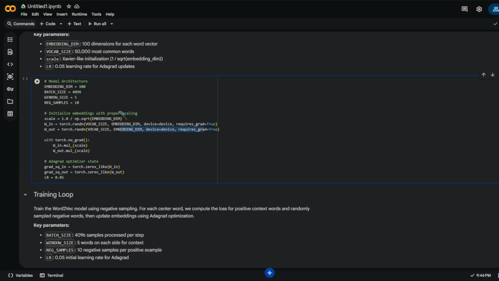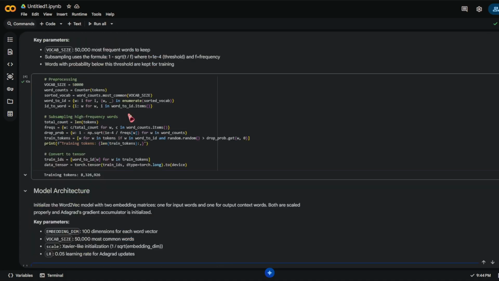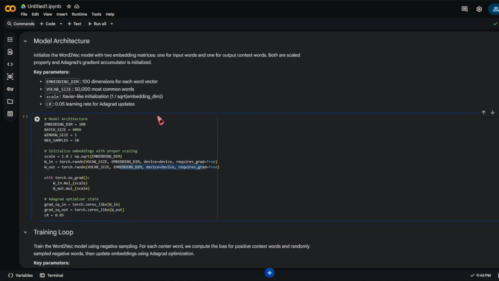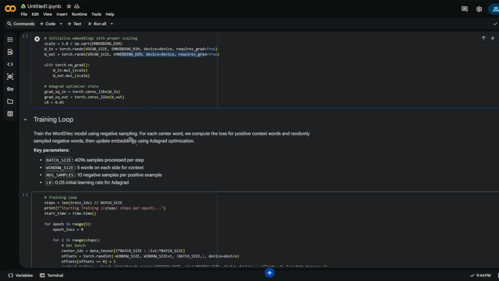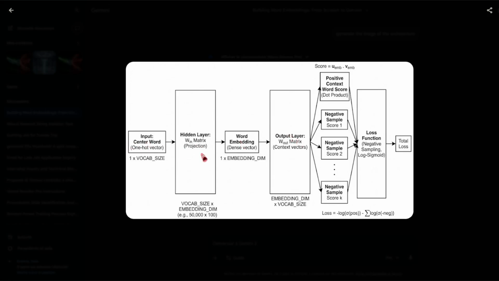I used Xavier initialization, scaling by 1 divided by the square root of the embedding dimensions, to ensure that our gradients didn't vanish or explode right from the start. We can see an image of the architecture. You can pause this video here and read all of this.